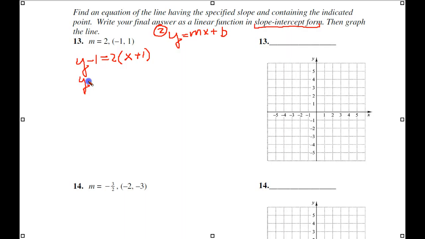So we get y minus 1 equals 2x plus 2. I'm going to transpose the 1, and that becomes 3. So my y-intercept is 3. My slope is 2 over 1, so I go over 1, up 2, and there's my graph. And arrows on each end.